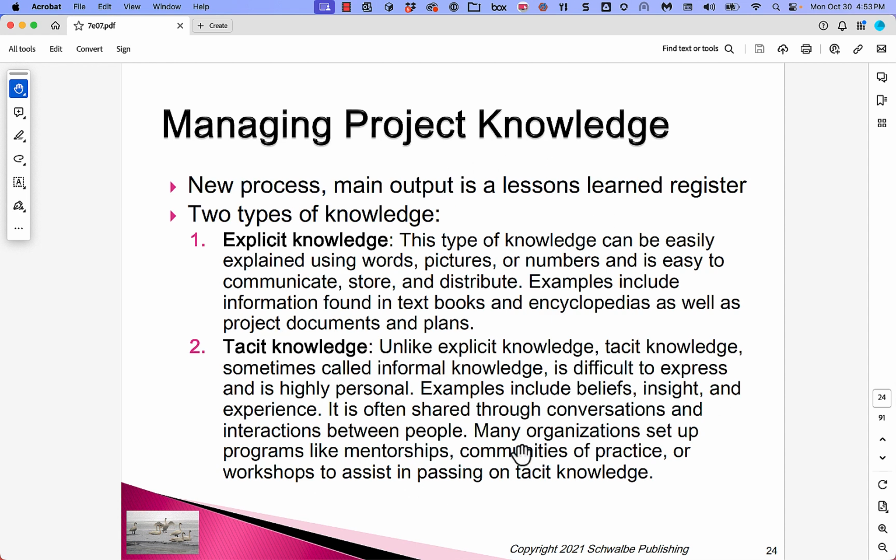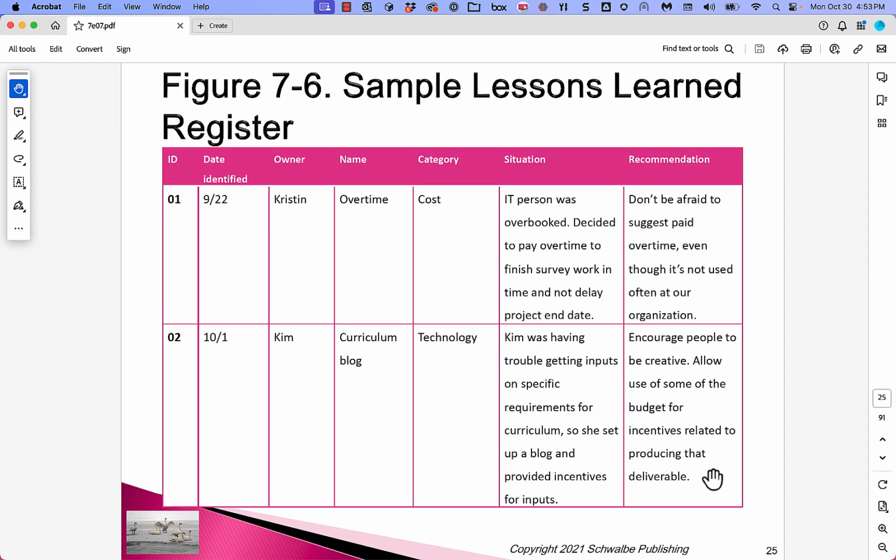Knowledge transfer is really something that people on those kinds of teams want to facilitate. So here's an example lessons learned register from the Just in Time project.